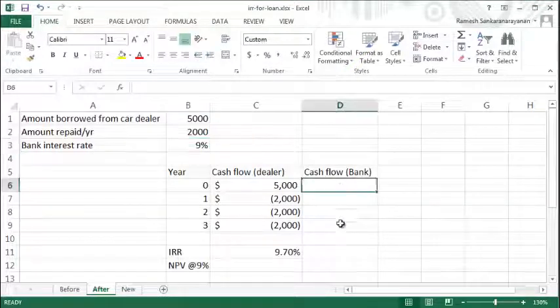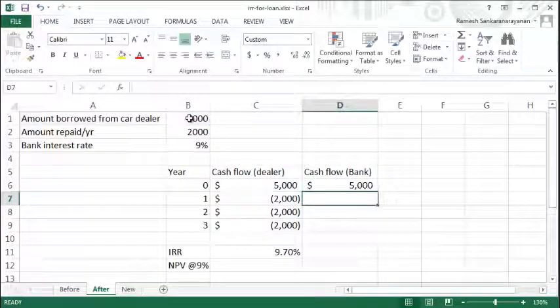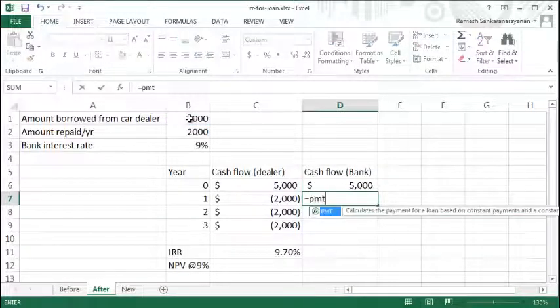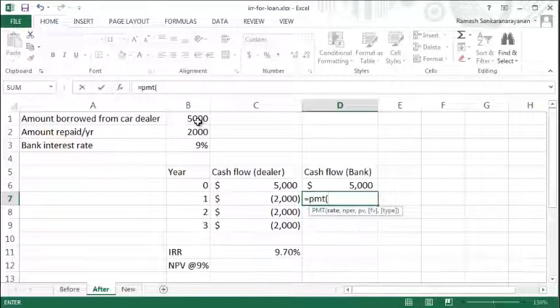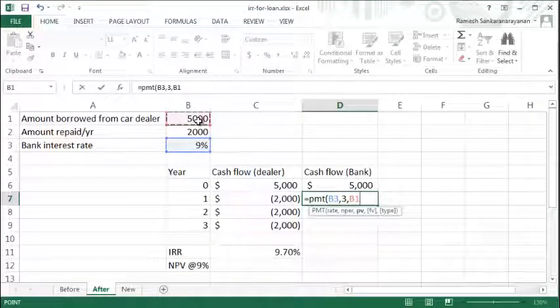And to see that, let's estimate the cash flow from the bank. If you were to borrow this money from the bank, you would borrow 5,000 in the beginning. And I'm going to use the PMT function to estimate how much you'll pay on an annual basis. The interest rate is 9%. The number of periods is 3 because you're repaying in 3 years. The present value is what you borrow initially.